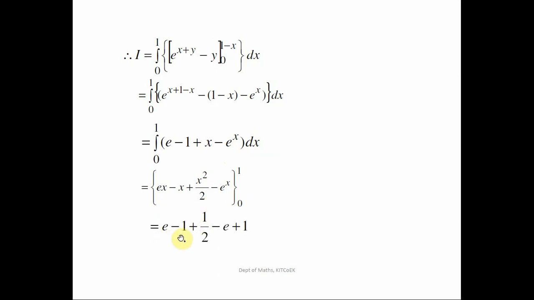So we will get e minus 1 plus 1 by 2 minus e. This is the expression for upper limit, and then by putting the value of lower limit, here it is x, this term will become 0, this term will become 0, this term will become 0, minus minus plus e raised to 0 is 1, and then here e minus e gets cancelled, minus 1 plus 1 gets cancelled, so the final answer of that given triple integral is 1 by 2.